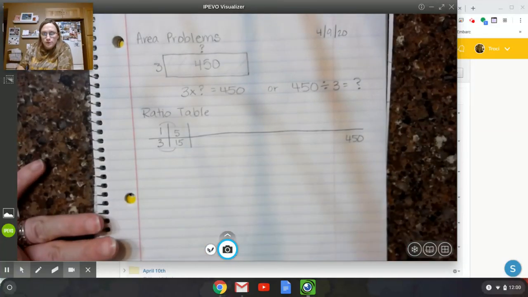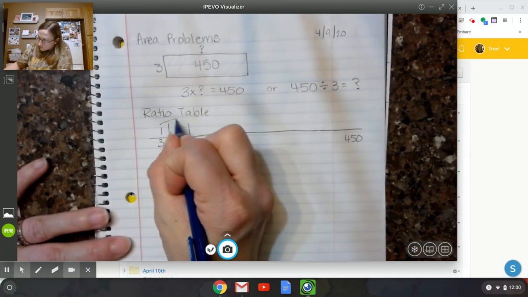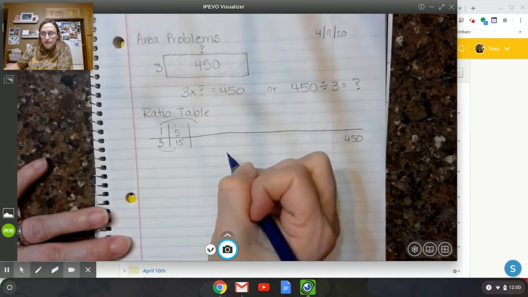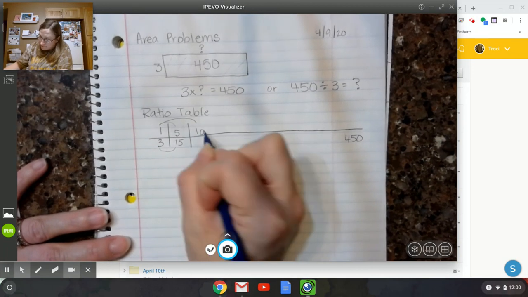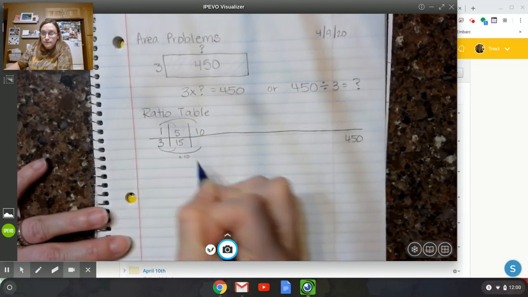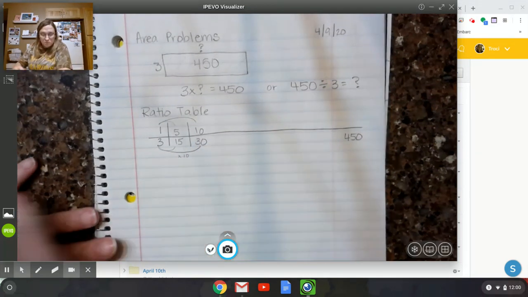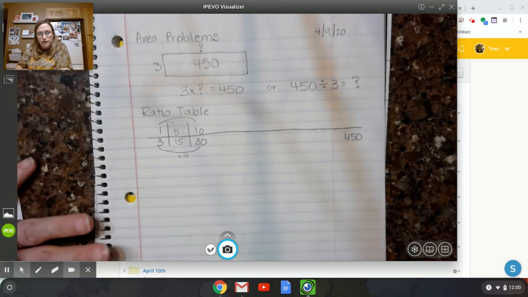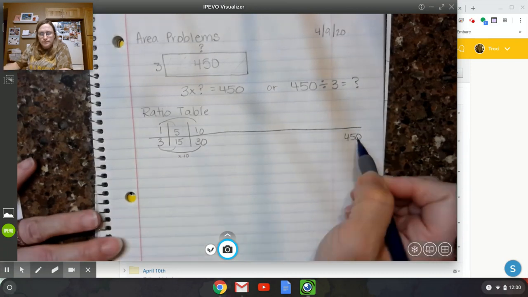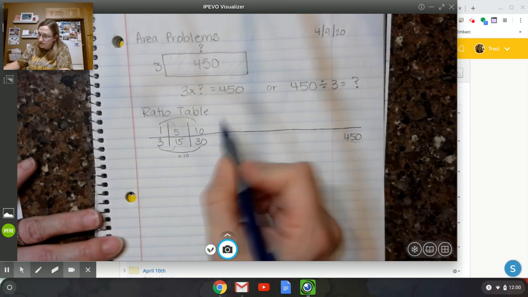Let's think about some powers of 10. What do we know about 10? What about instead if I do 1 times 10? Well, that's easy. That's 10. What about 3 times 10? That's not too bad. 30. Okay, we're getting there. 450. Oh, let's think about that 50.